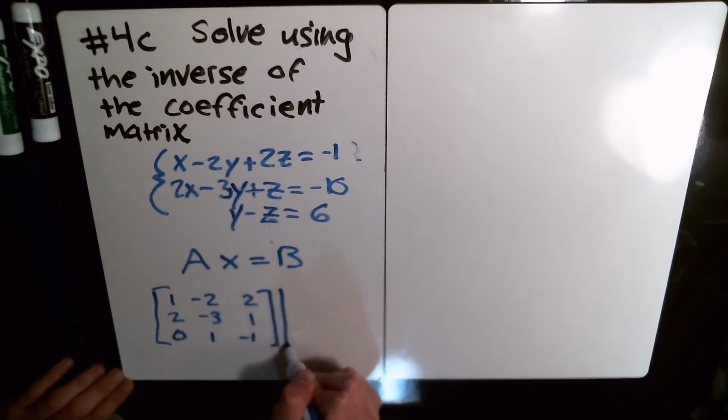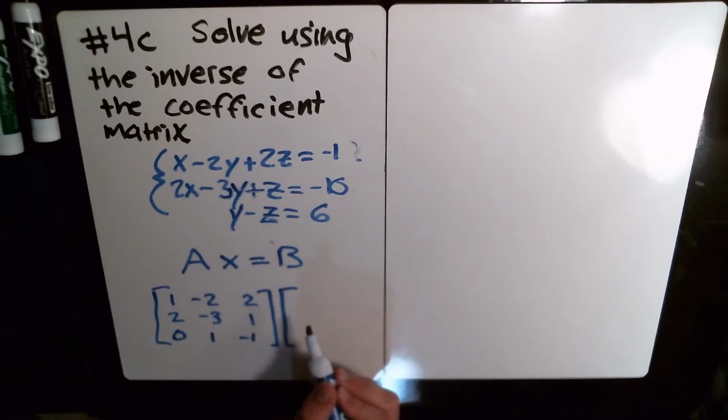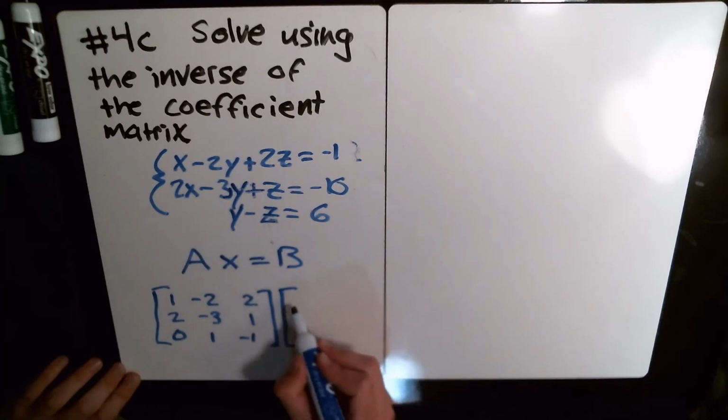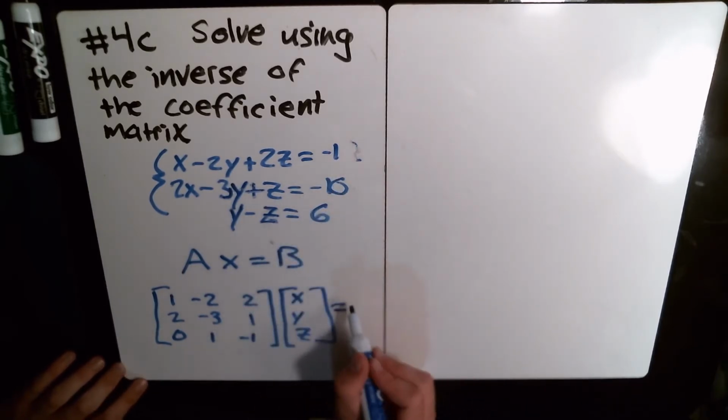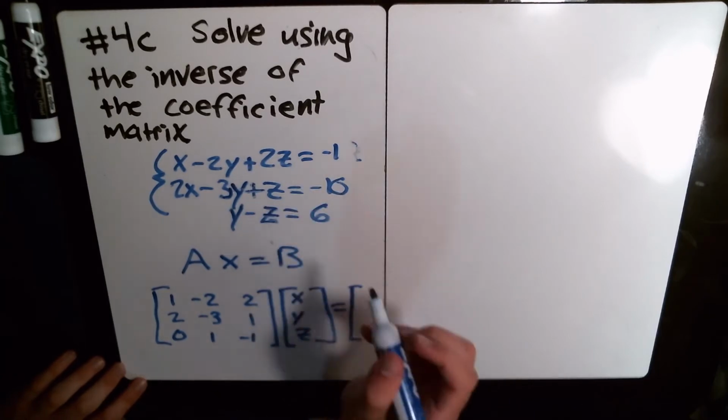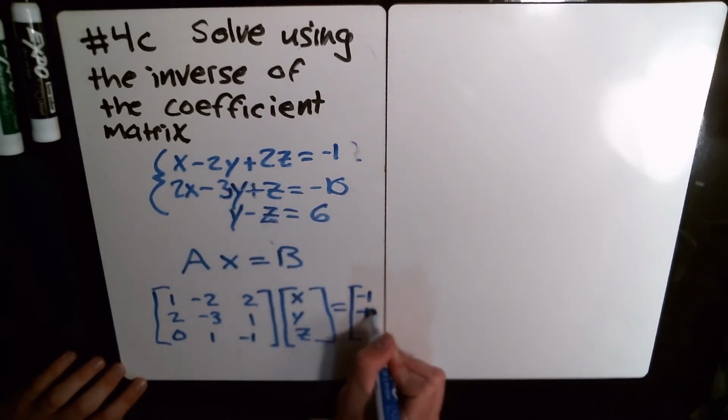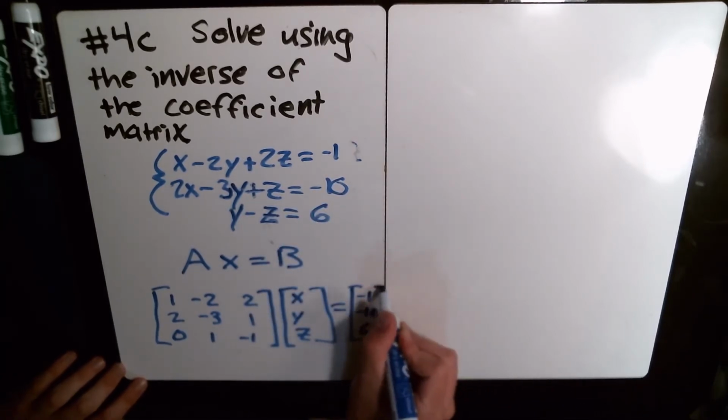And then X is a single column that just has your variables in it. So x, y, and z. Okay? And that would be equal to the numbers that are over here, -1, -10, and 6. Okay?